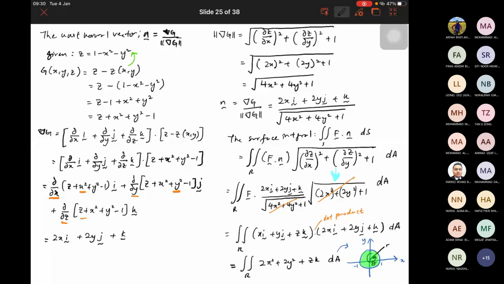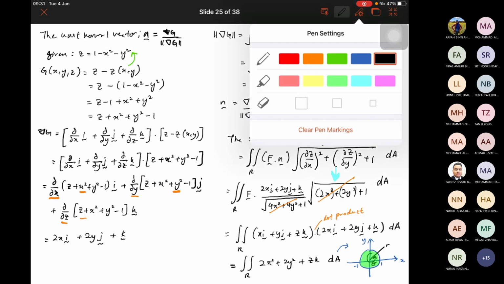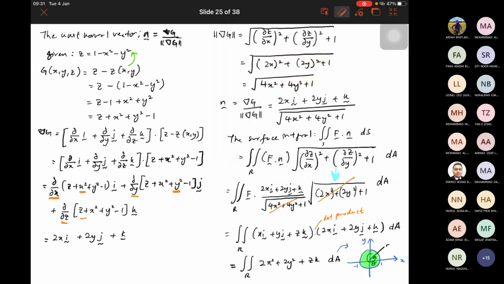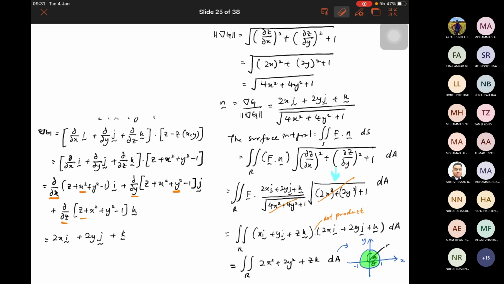Cuba buat, apakah dia punya boundary for R dan apakah dia punya boundary untuk theta. The integration over region R will be easy using polar coordinates.